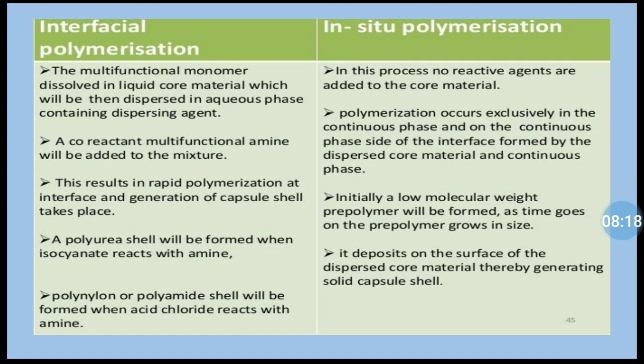So if we see, in interfacial polymerization the monomers will be dissolved in liquid core material, which will then be dispersed in an aqueous phase containing a dispersing agent, whereas in in situ polymerization this process contains no reactive agent and these are added to the core material.